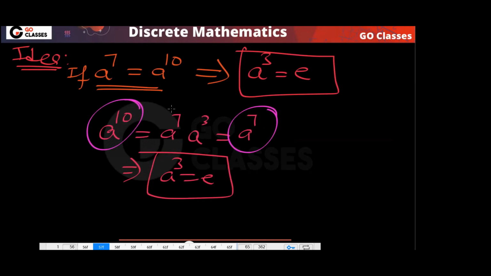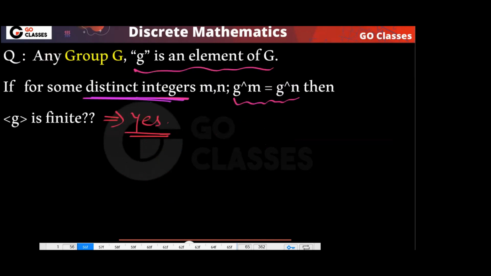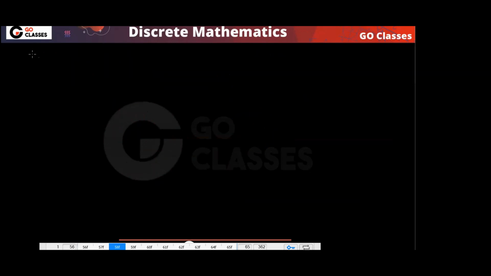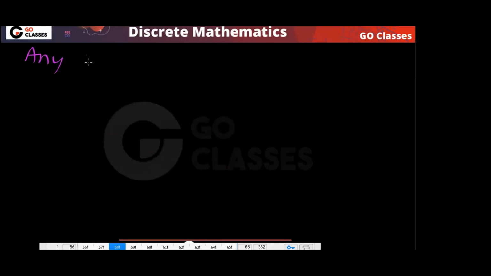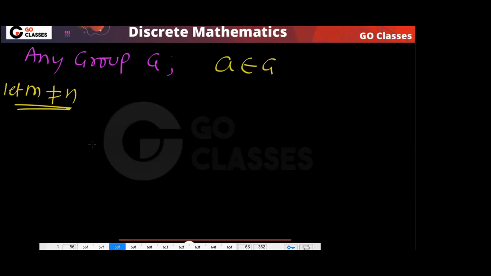So you can notice that if you take any group, whatever group you want, any group G, and any element, and we take distinct integers m and n, so let's assume that m is not equal to n, and I'm saying that a power m is equal to a power n.